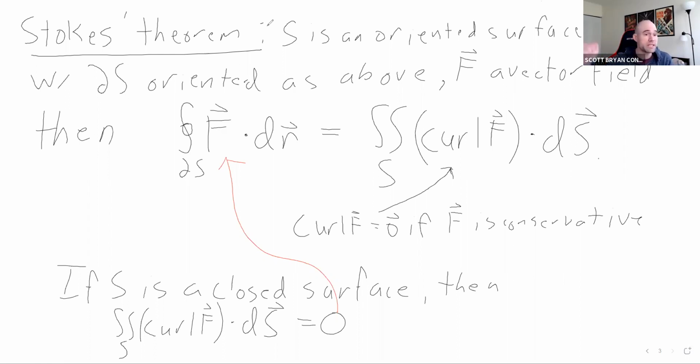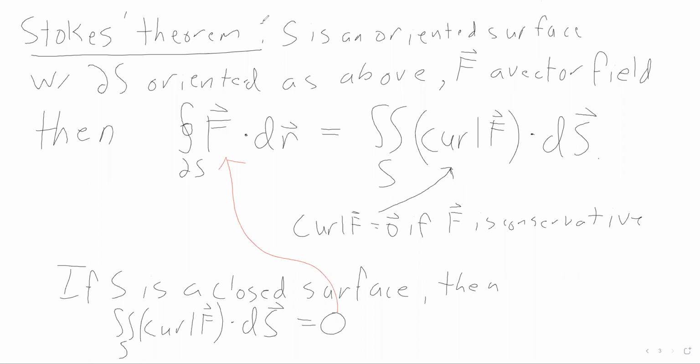Okay, so literally Green's theorem, except now instead of doing a double integral over a two-dimensional region, we're doing a surface integral over this oriented surface, and we're integrating the thing we check to see if the vector field is conservative. We're integrating curl of F. So if it's an open surface and it's conservative, then that's the only way it equals 0.